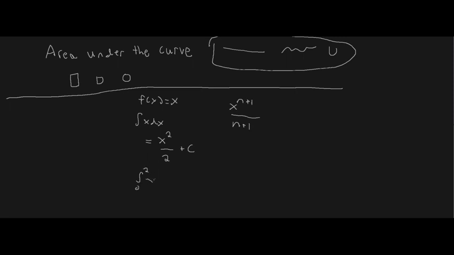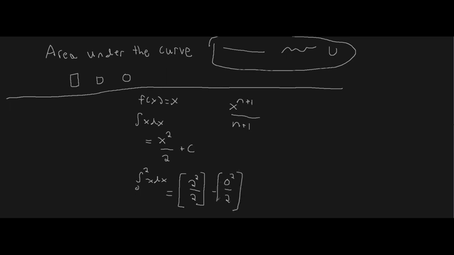We're going to integrate x with respect to dx again. What it's going to equal is, well, we already have x squared over 2, but now we just have to plug it in. So it's going to be 2 squared over 2, minus, and then we plug in the 0, 0 squared over 2.